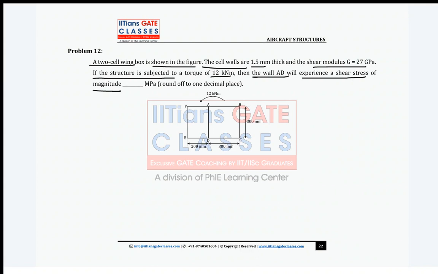So for multi-cell, the torque applied here is anti-clockwise in your sense, so we will take shear flow also in the same direction, because usually we say shear flows are the resultant of applied moment or torque or shear forces. Okay, so this is my q1 shear flow in this section, and this is q2. So that is q1 and q2 shear flow.